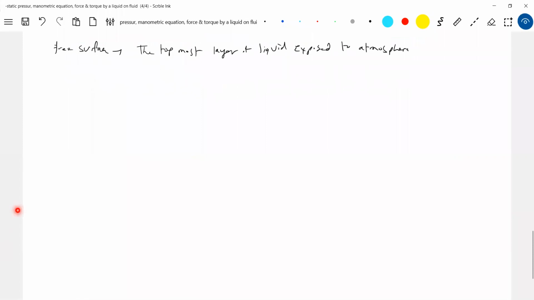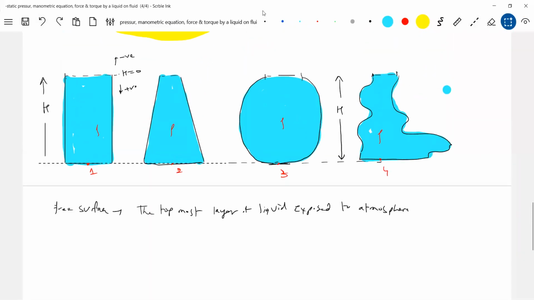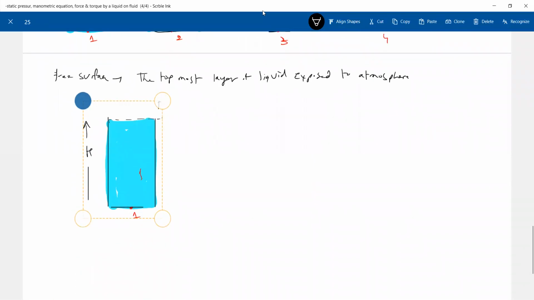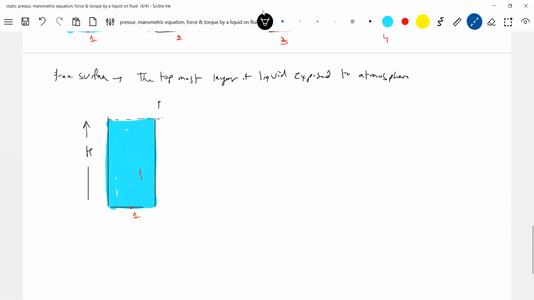I used the word manometer, so let me show that. What is that manometric equation? Already we have it, no? Let me take this. This is H equal to 0.